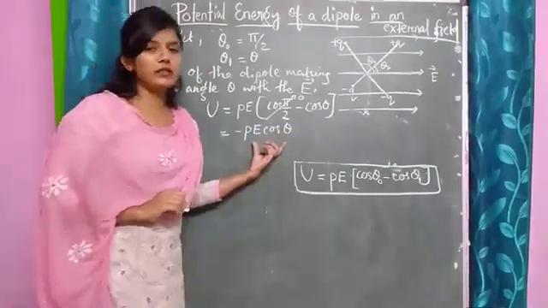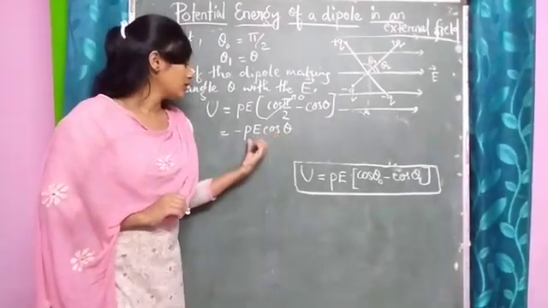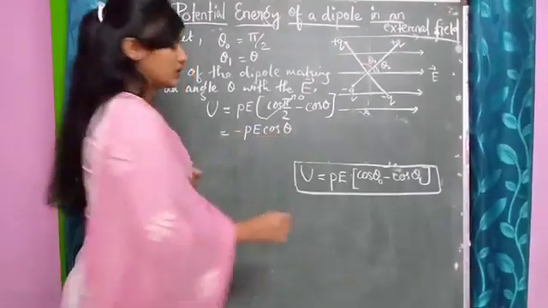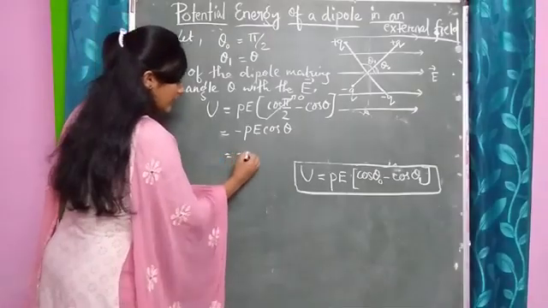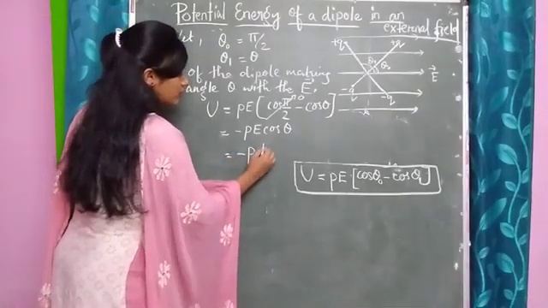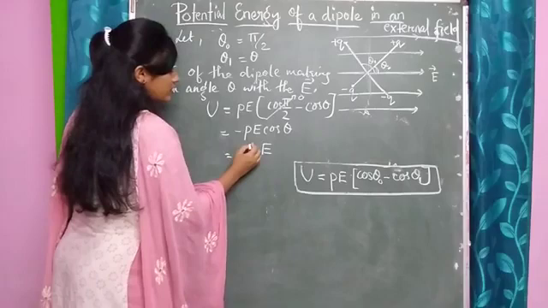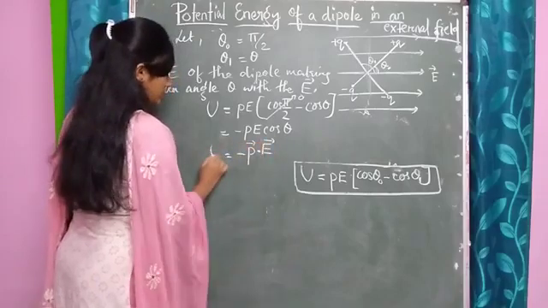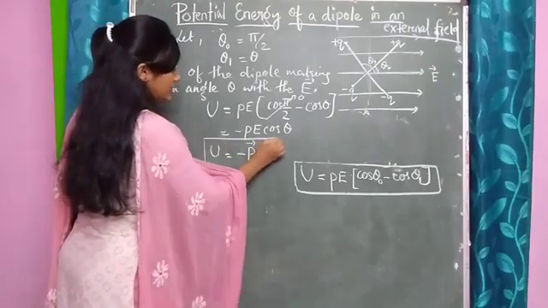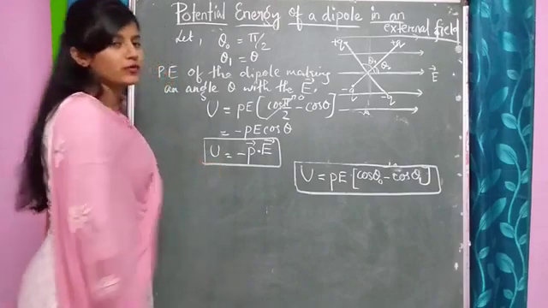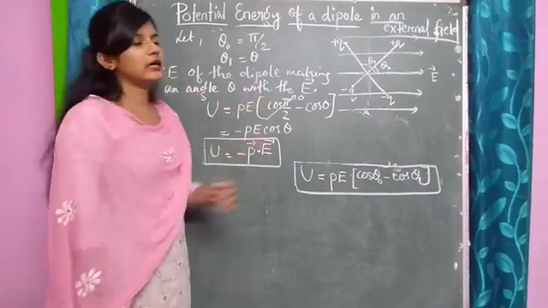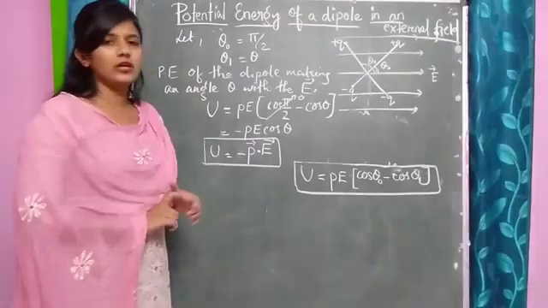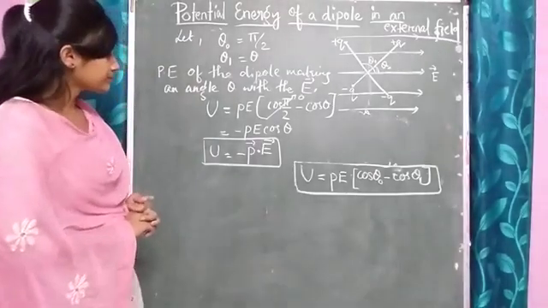I can simplify this again: the PE cos theta term we can write as the dot product of the two vectors P and E. So this is the expression for the dipole making an angle theta with the electric field.